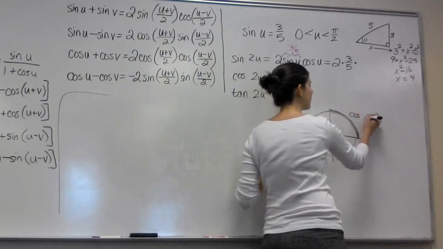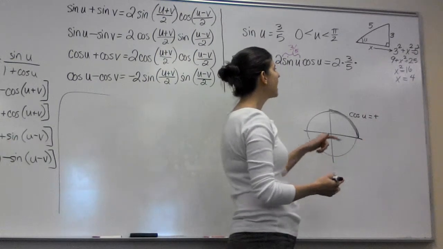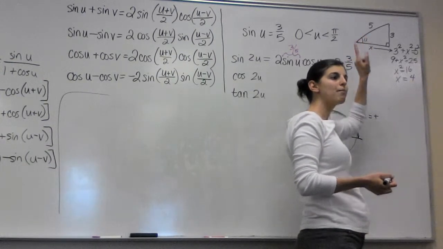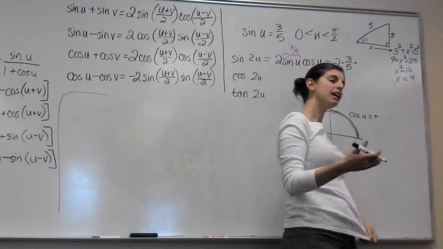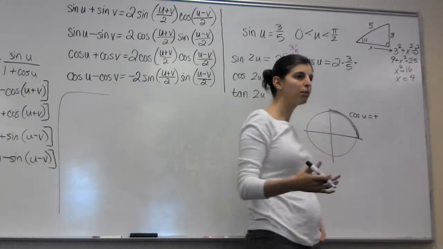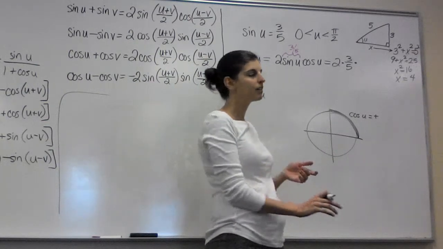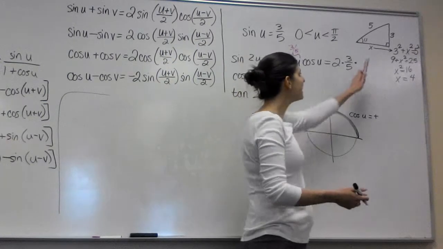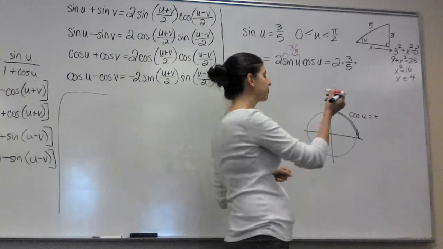Cosine should be positive. So therefore, my adjacent divided by my hypotenuse side length should come out to be a positive answer. Just make the sign of your trig function appropriate for the quadrant that you're supposed to be in, and you'll be okay. So the cosine of u, if that side is 4, what's the cosine of u going to be?